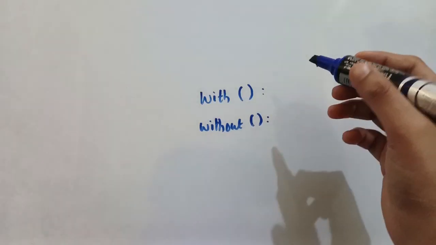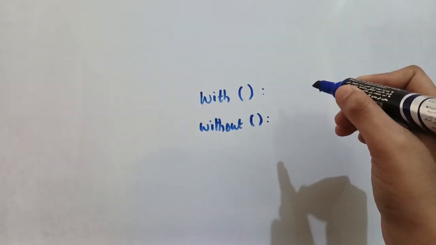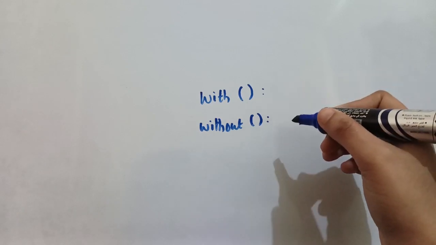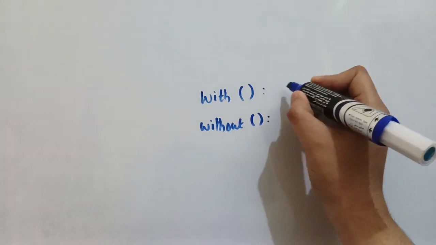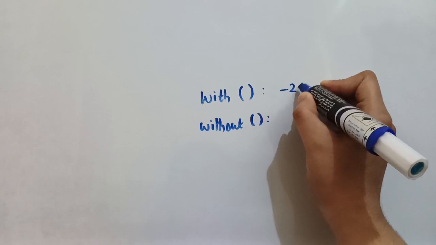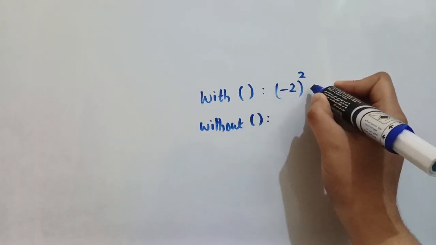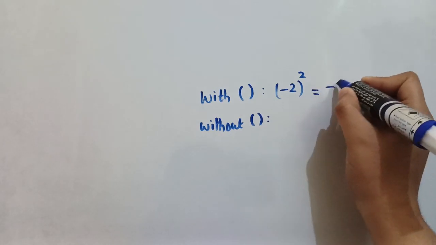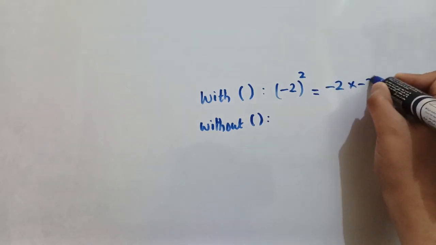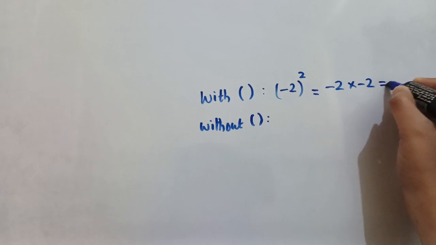Then we can use brackets in explaining the numbers with exponents. That is, if we write (-2) whole square, this is, we use bracket. This is equal to minus 2 into minus 2, which is equal to 4.